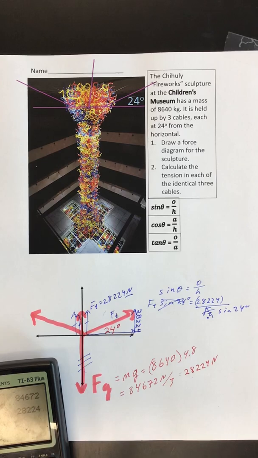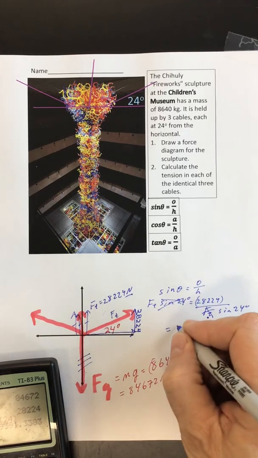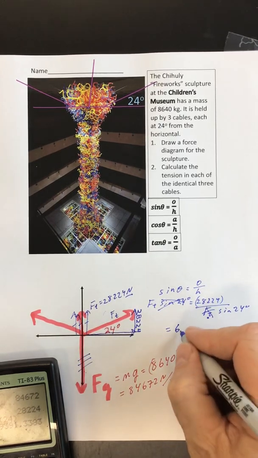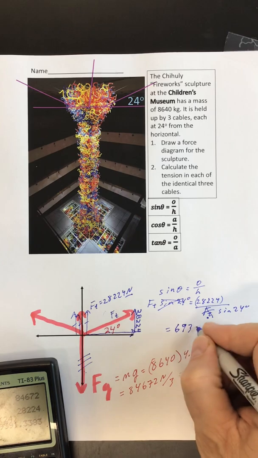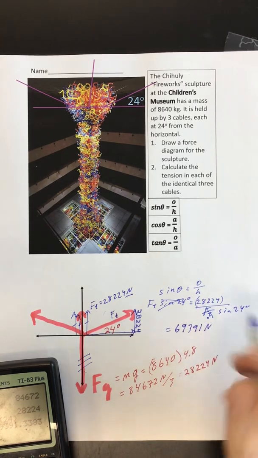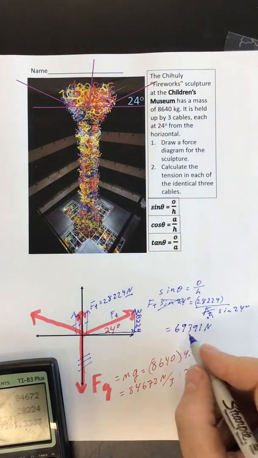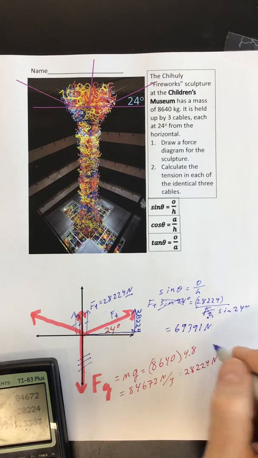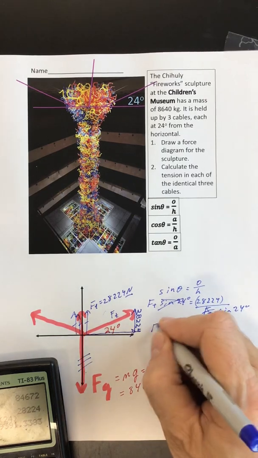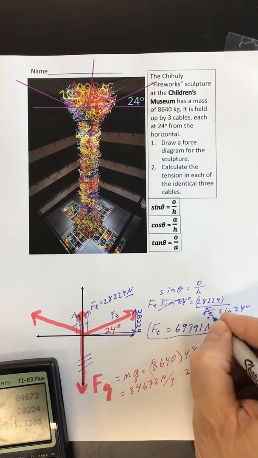So 28,224 divided by the sine of 24 degrees is 69,391 newtons in one wire. So calculate the tension in each of the identical three: each one of them is 69,391 newtons per cable.